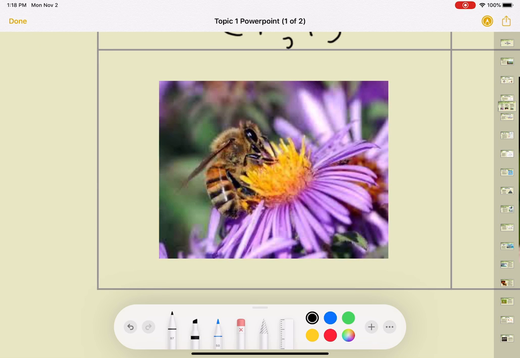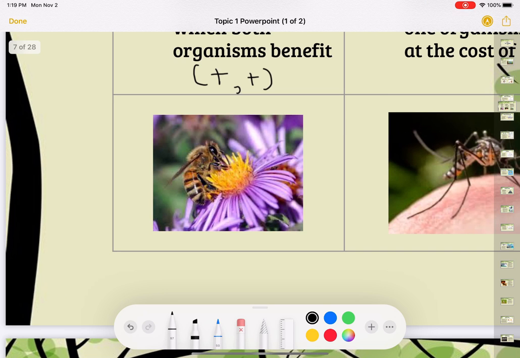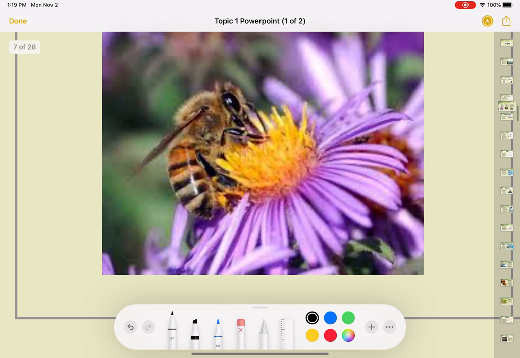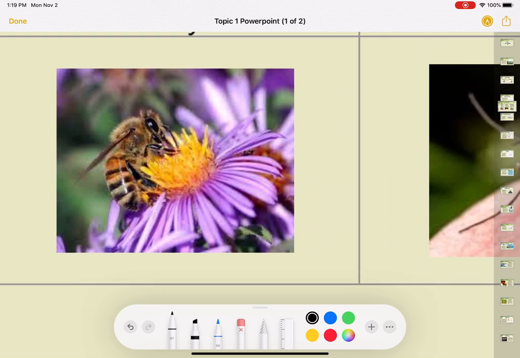The bee is using the flower, getting the nectar, and using that to create honey, which gives them food. And then the flower is losing its nectar, but as the bee is on the flower, it helps to pollinate. It helps to spread the pollen from that flower to others so that it can reproduce. So it's a benefiting thing. They're both getting something positive out of that relationship. So this is the best relationship to have, where you're positive.